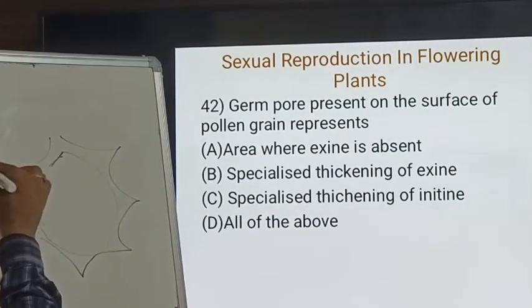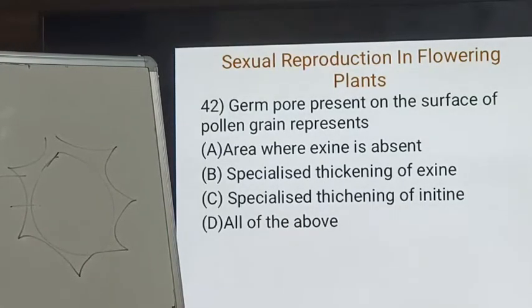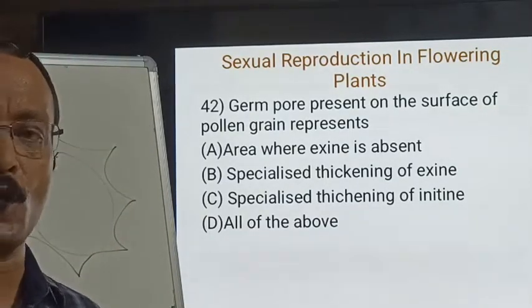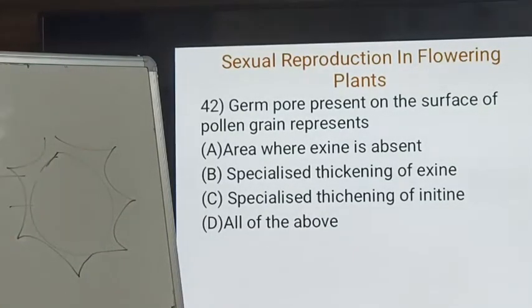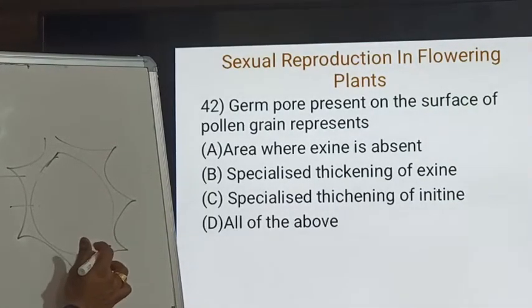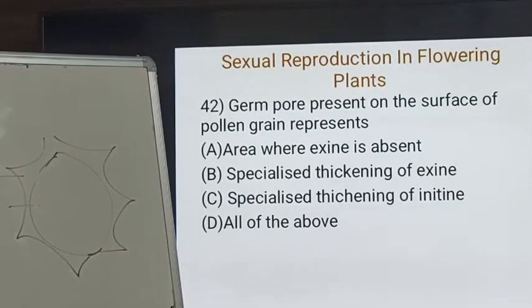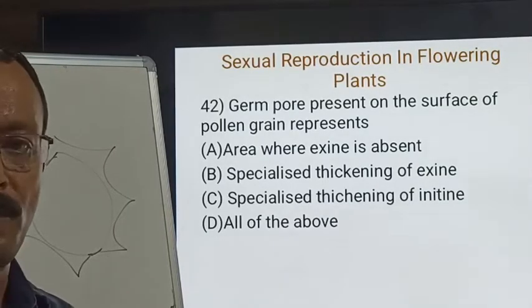The outer one is called exine and the inner one is called intine. The exine is deposited by a hard, highly resistant material called sporopollenin, and at certain regions there is no deposition of sporopollenin. So you can directly see the intine wall, and these are called germ pores.